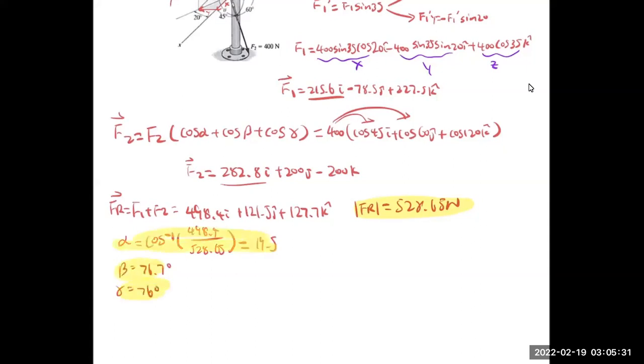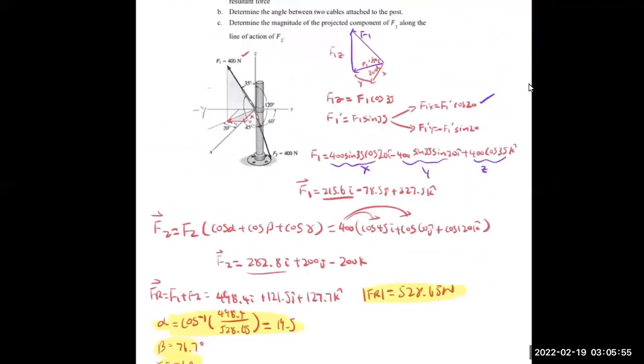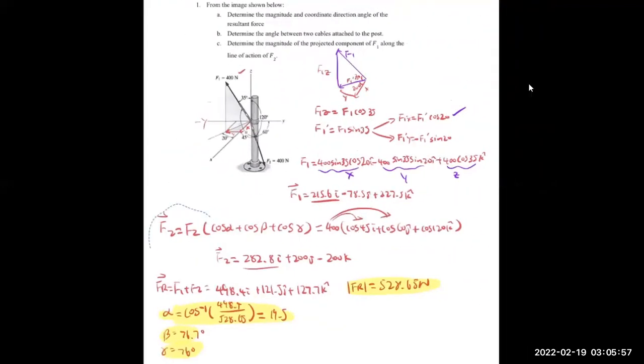Alpha, beta, and gamma are just the FR component divided by FR: FRX divided by FR for alpha, and FRY divided by FR for beta. I won't go into too much detail because you should know how to do it at this point. Then part B, let me shrink this down.